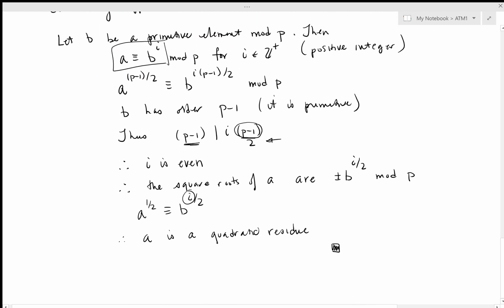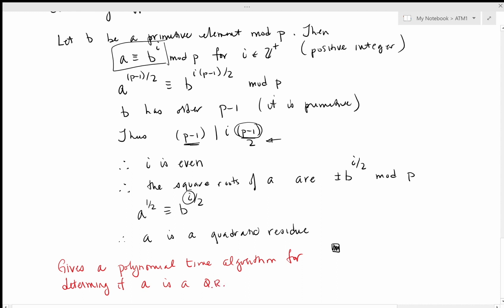What's important from our perspective here is that this theorem gives a polynomial time algorithm for determining if a is a quadratic residue.